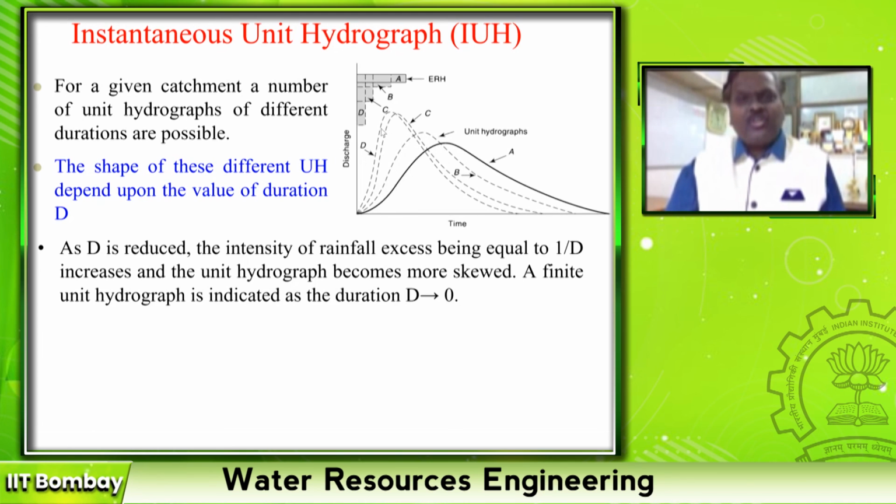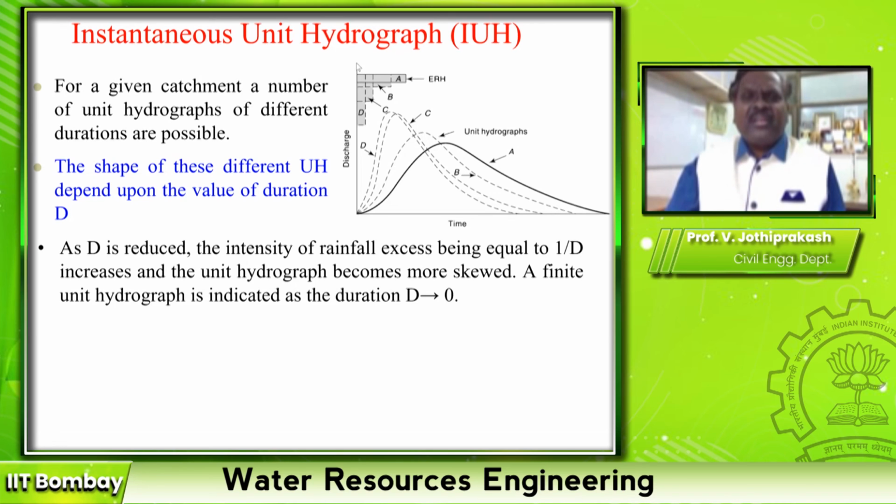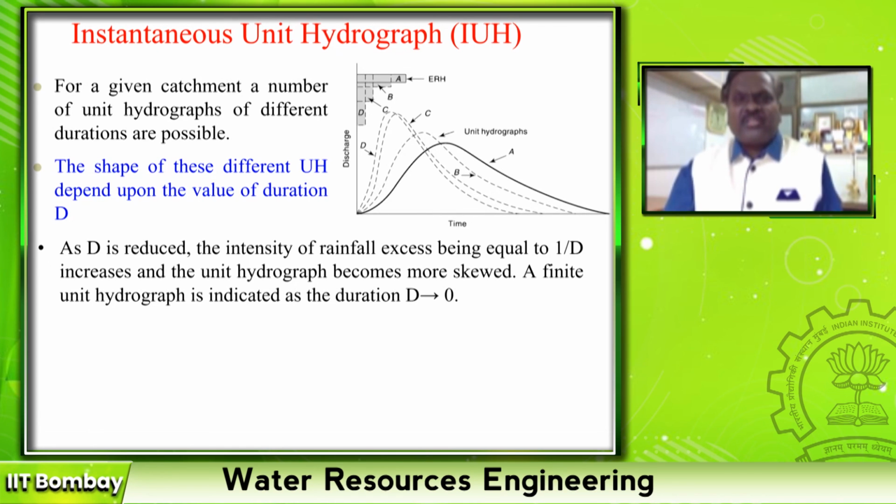Actually, when time is 0, the rising limb will not be there, and the recession limb will start from the y-axis and it goes down to 0. It means suddenly there is an instantaneous discharge of peak discharge. Then how the runoff goes? That is what instantaneous unit hydrographs are.